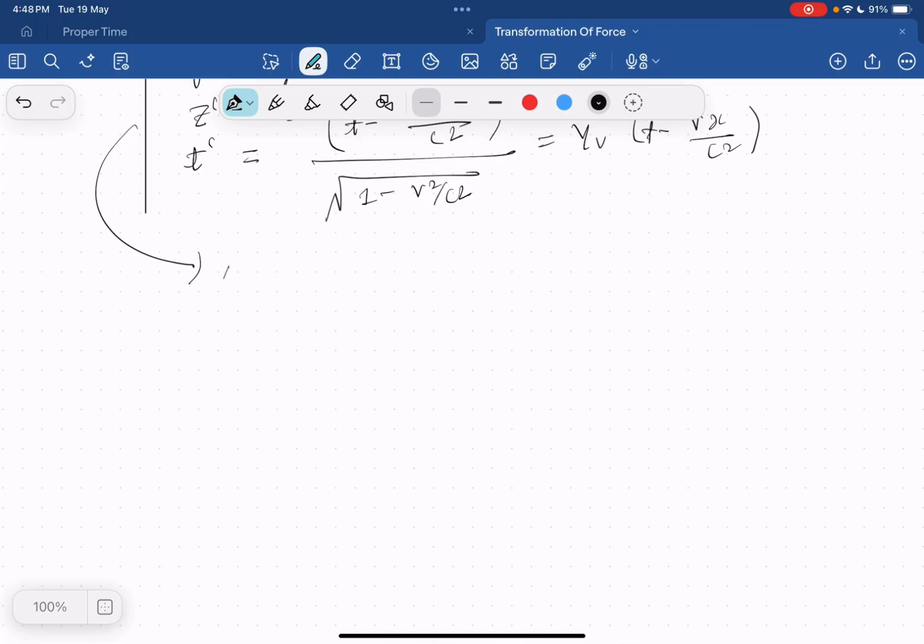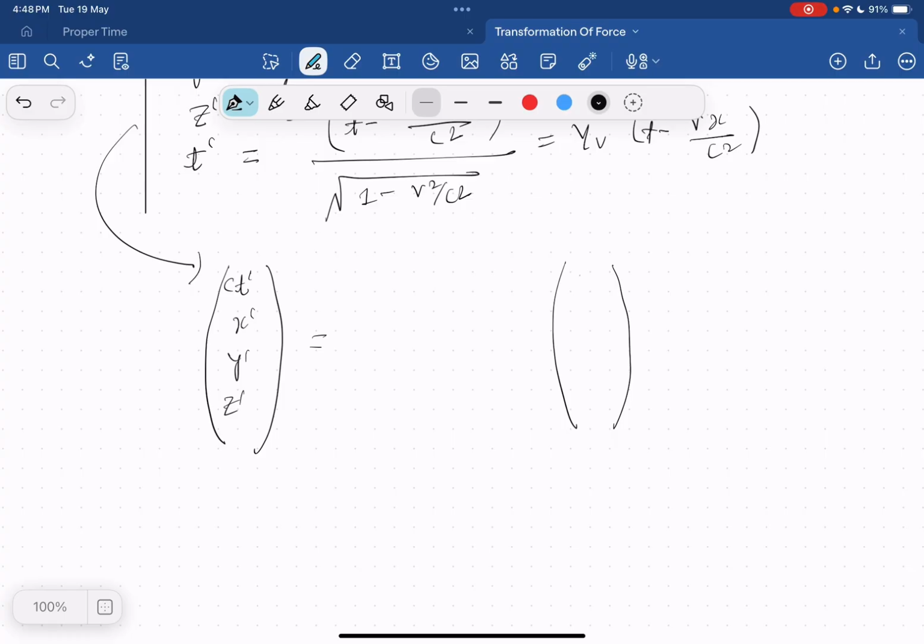So if we take a column vector here and a column vector here, and we write here t prime, x prime, y prime, z prime, and we multiply the first component by c, this is for the S prime frame.